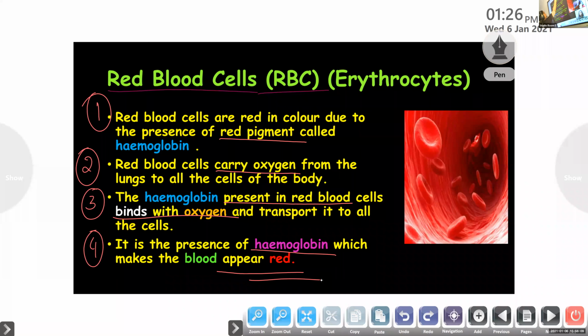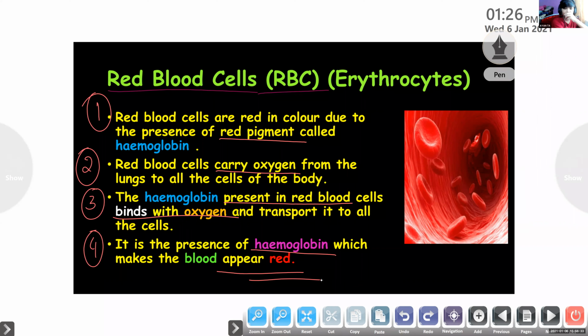I hope this RBC topic is clear to you, isn't it? Yes, ma'am. There are 4 points. The first one explains about RBC. Ayan, can you please read that first point, loud and fast?